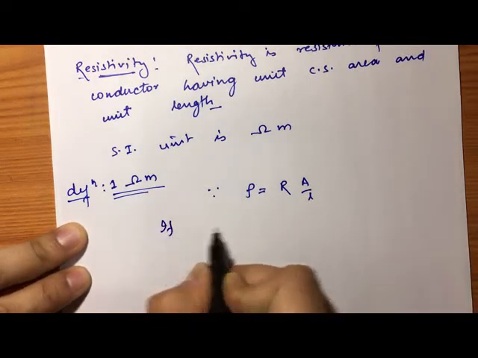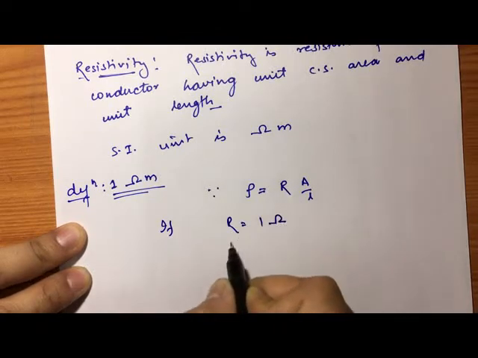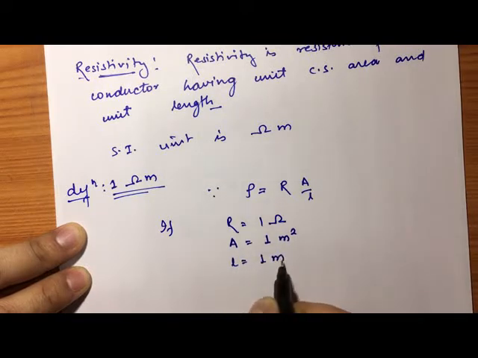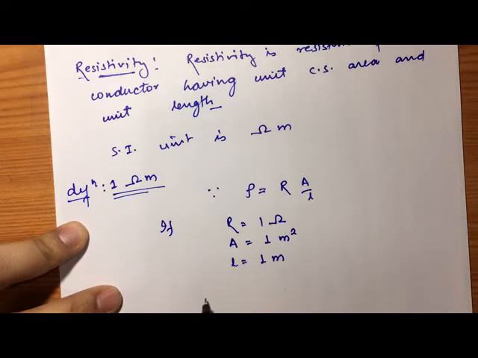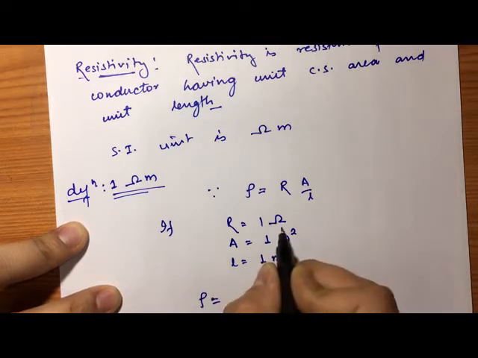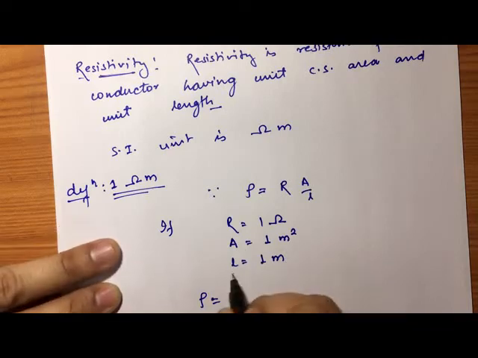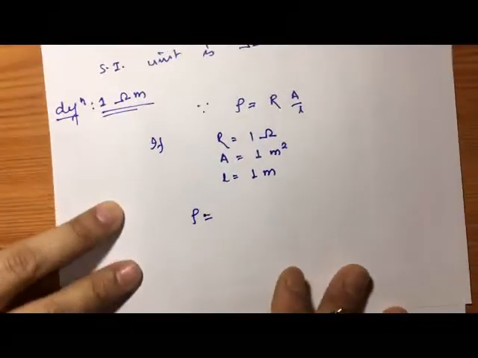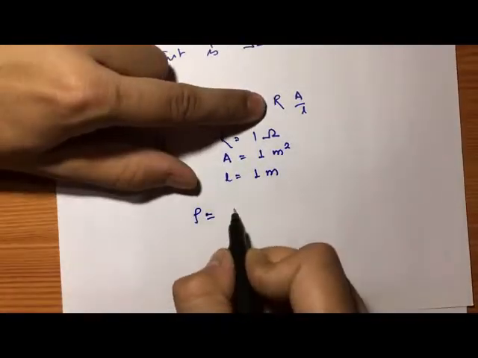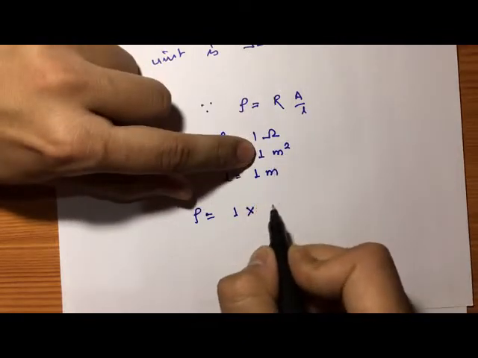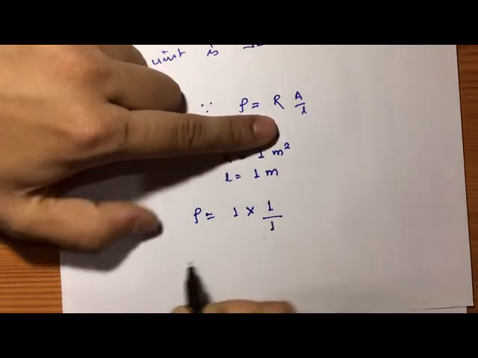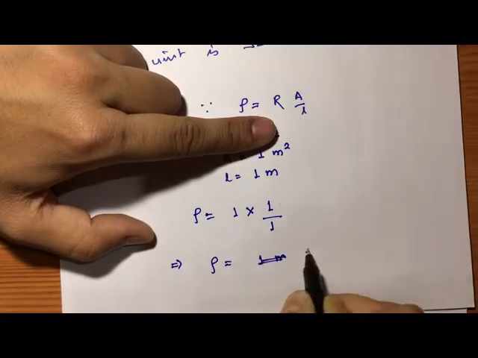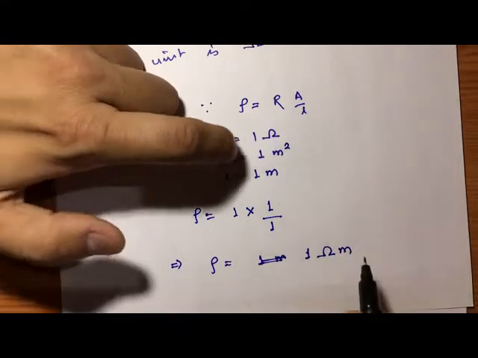So if my resistance is 1 ohm, area of cross section is 1 meter square, length is 1 meter, in that particular case the resistivity rho will be equal to R into A divided by L. My rho will be equal to 1 ohm meter, okay?